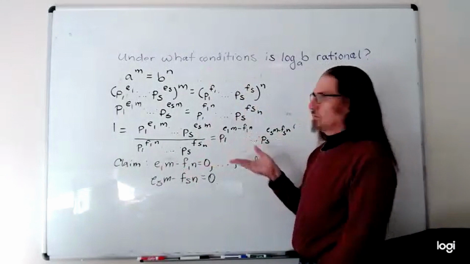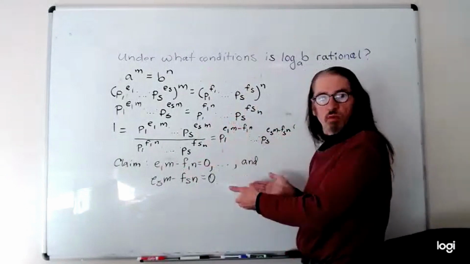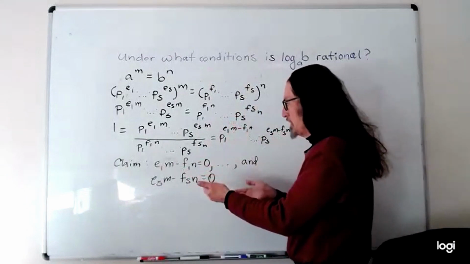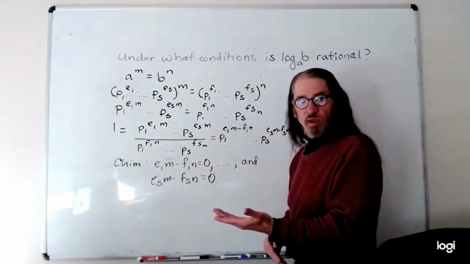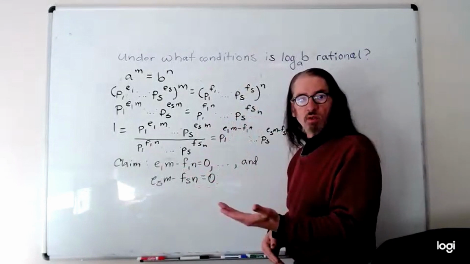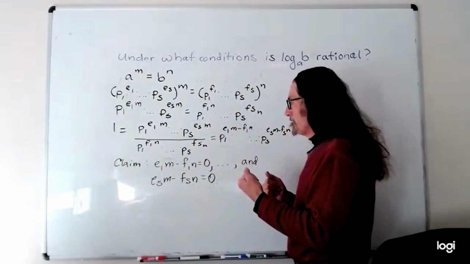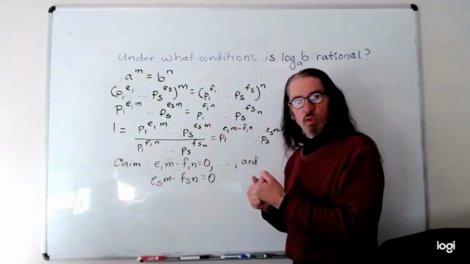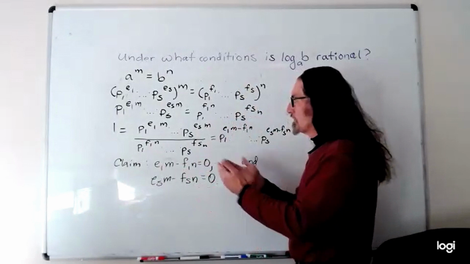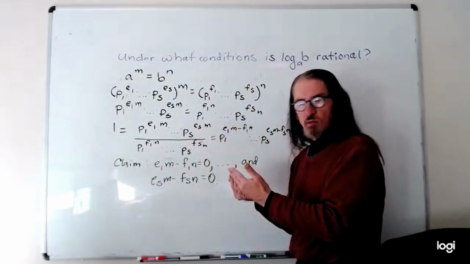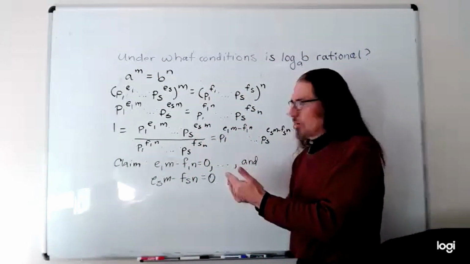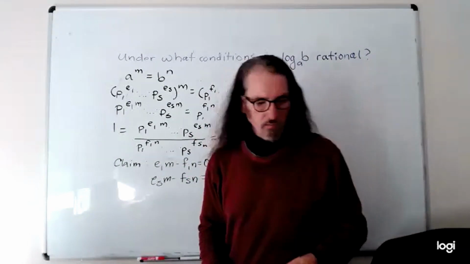If that's not the case for all of these exponents for all of the primes that we have involved, then some are going to be greater than zero. You might have some that are exactly equal to zero, and then some are going to be less than zero. So let's say that we have arranged these such that there is a counting number between 1 and s, call it t, where we have the following.